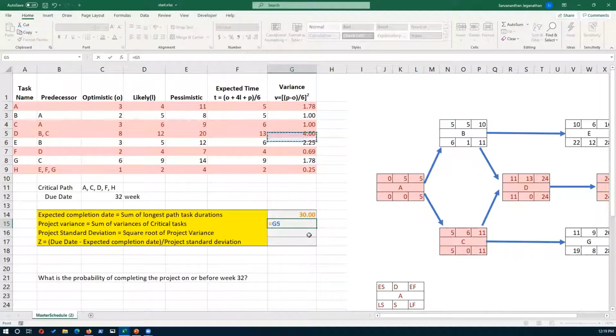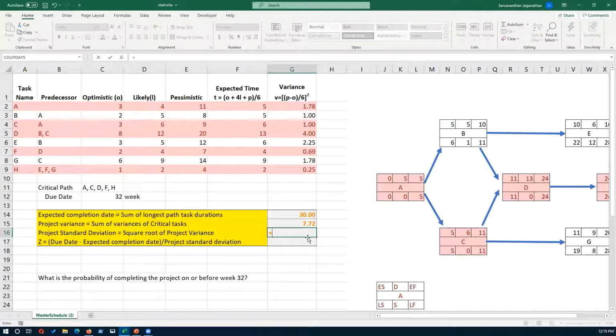So we can get that from this column here. So variance of task A, task C, task D, task F, and task H. So it's around 7.72, and from this we can find the standard deviation for the entire project.